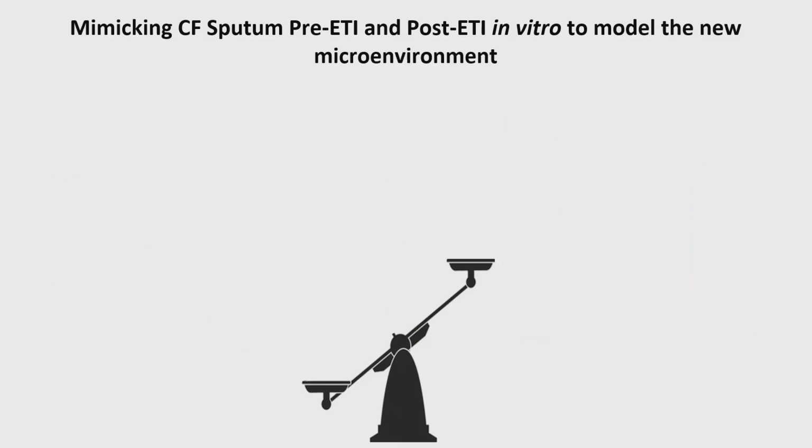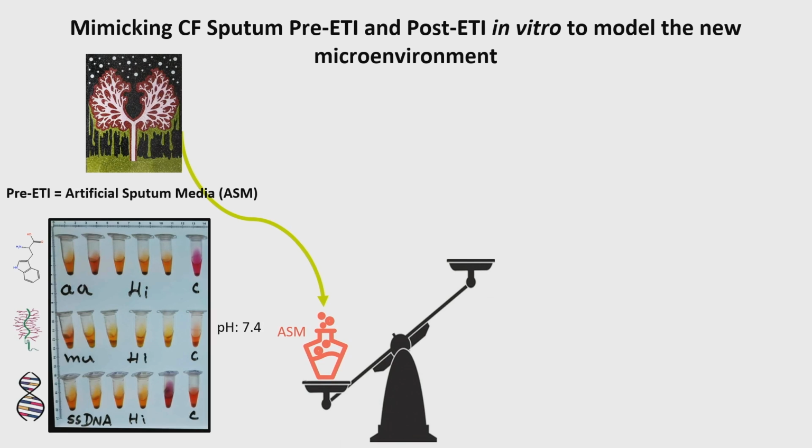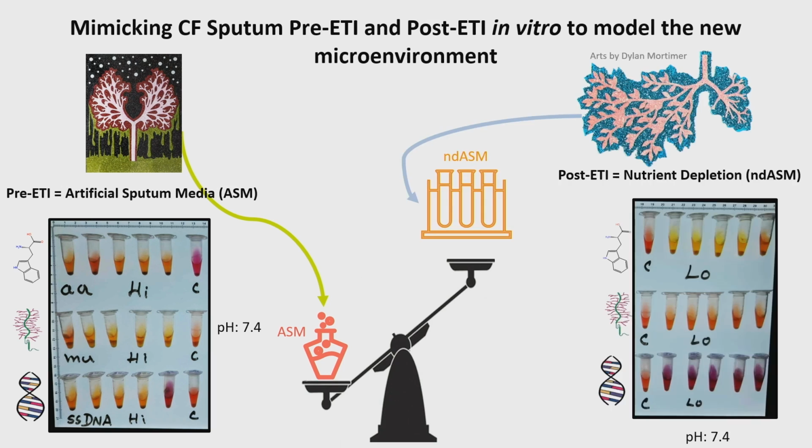We have designed an experimental model mimicking CF sputum pre-ETI and post-ETI in vitro to model the new microenvironments. What we did was use a very well-known artificial sputum media that is full of carbon sources, and we designed a new nutrient depletion artificial sputum media, decreasing each carbon source one by one: amino acid, mucin, and DNA.